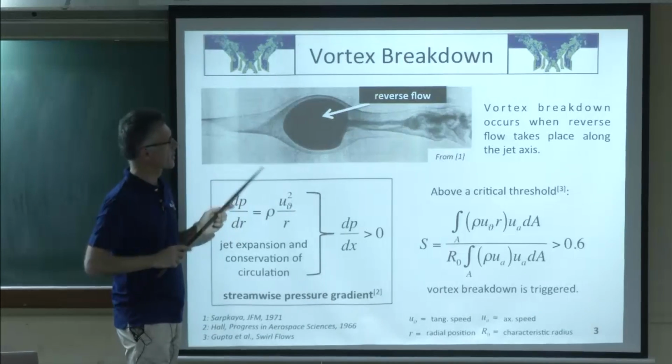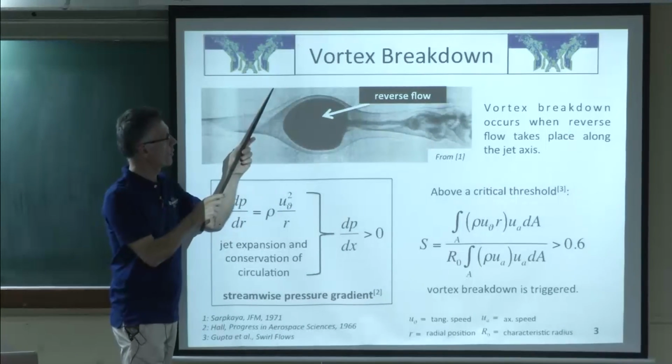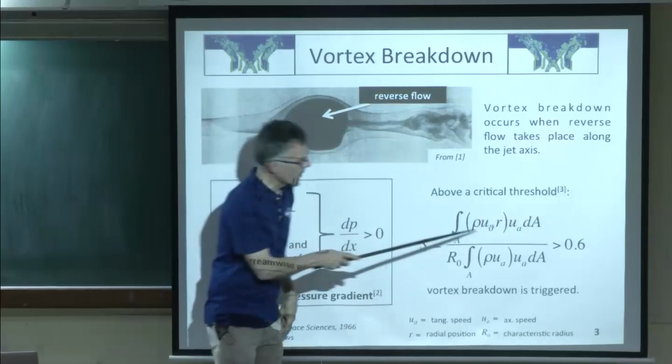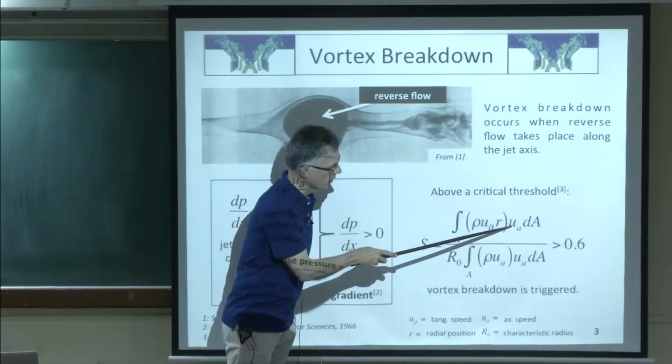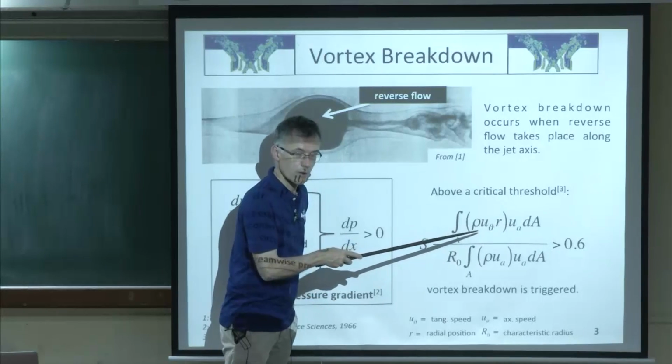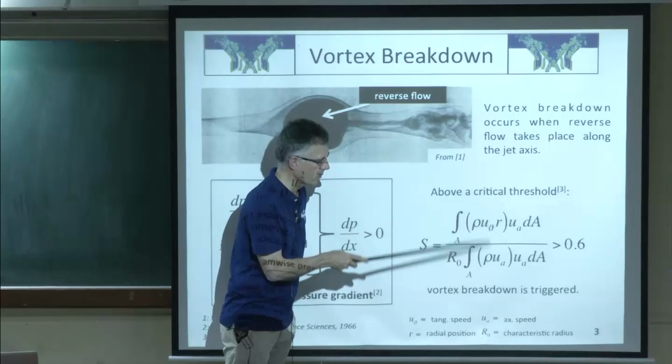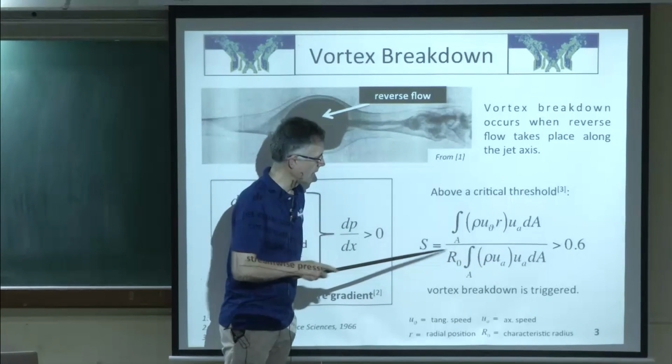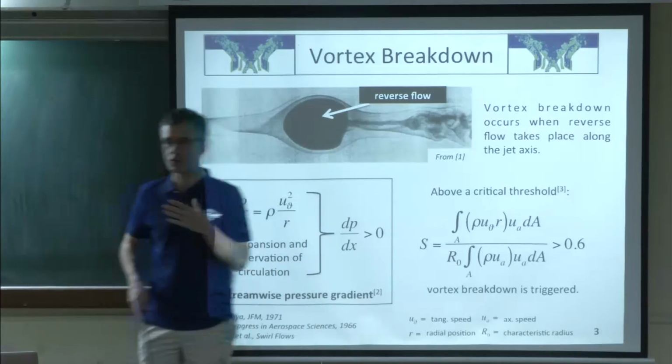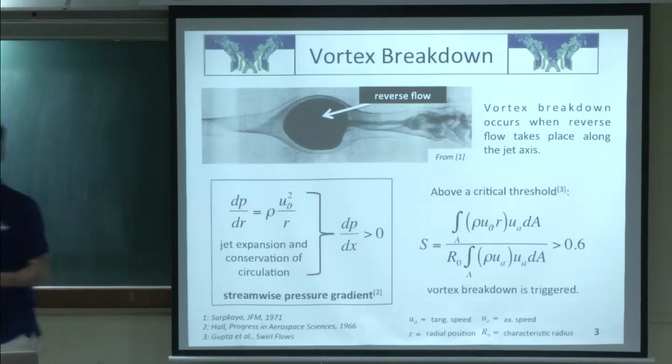Because you want to integrate over the whole section, you do the integral of that over a section and you quantify that by the flux also. So that's the flux of the tangential momentum divided by the flux of the axial momentum. This number is the number that everyone is using to characterize a swirl flow.